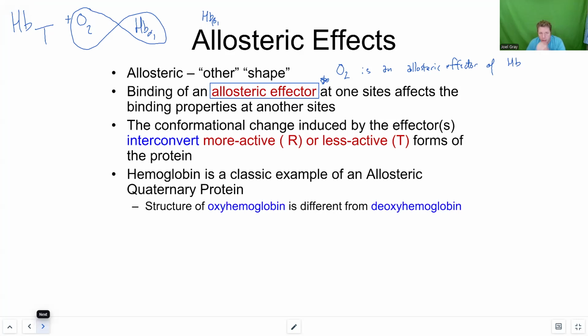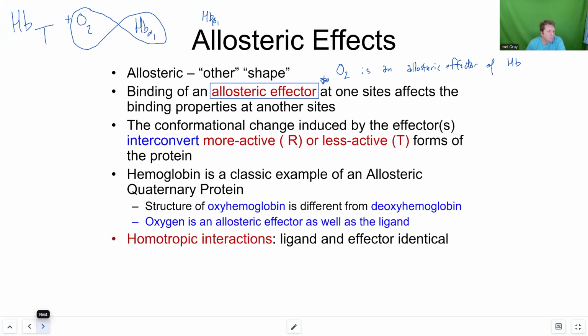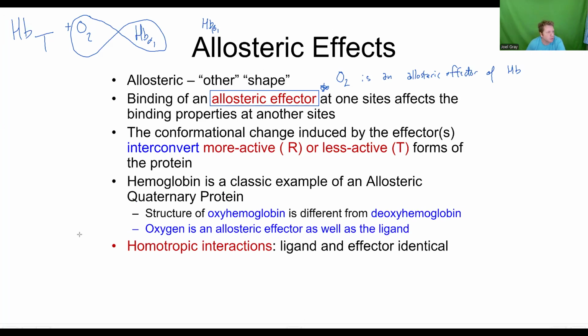The structures of oxyhemoglobin and deoxyhemoglobin are different from one another. Oxygen is an allosteric effector as well as the ligand. What that means is that this interaction between O2 and hemoglobin is an example of a homotropic interaction. The natural ligand and the effector are identical.